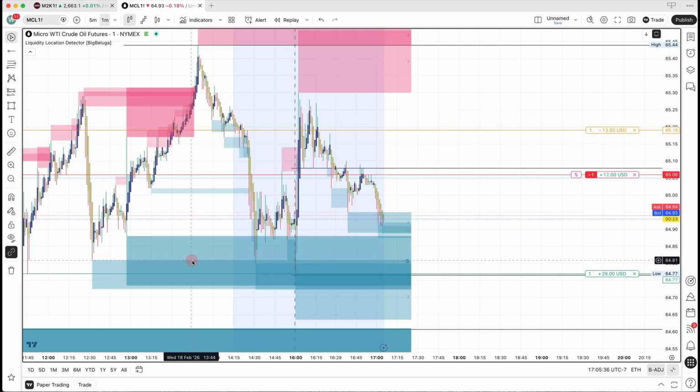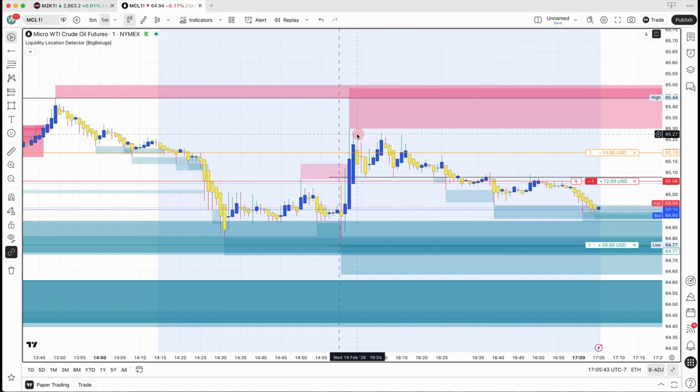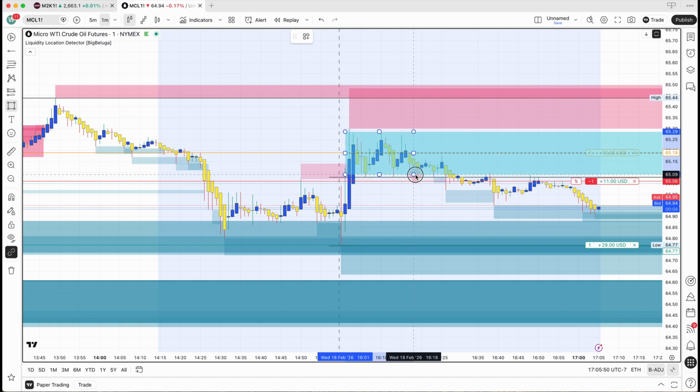However, what happened was crude oil started trading in a range. It traded in a range for a while, and I wanted to do a demo.